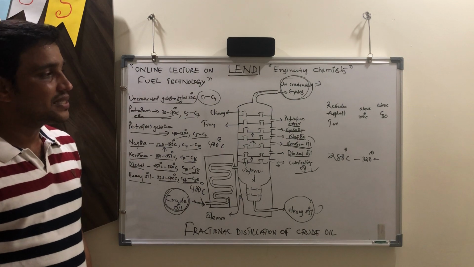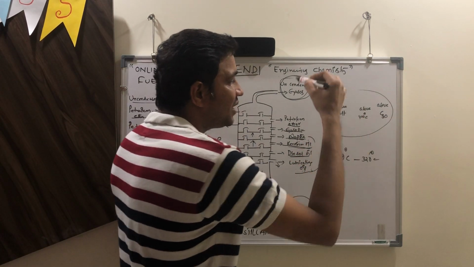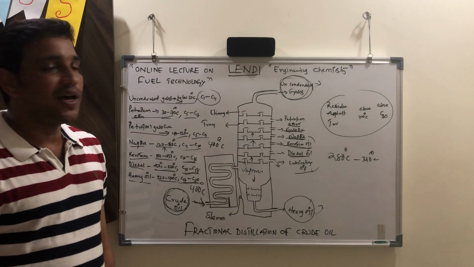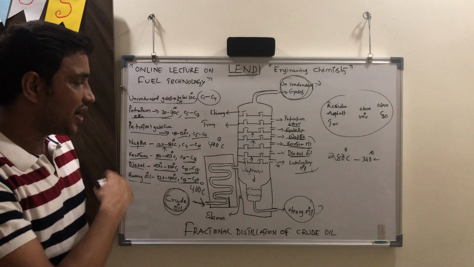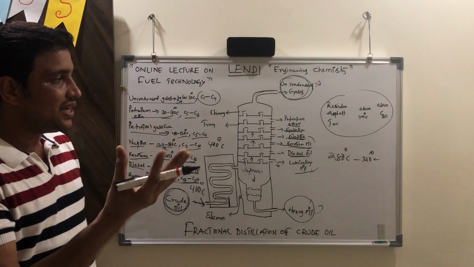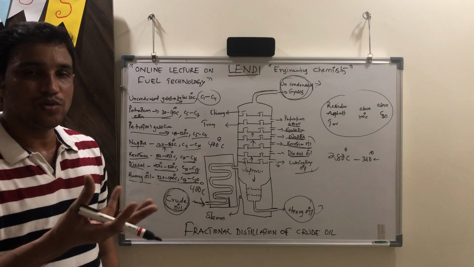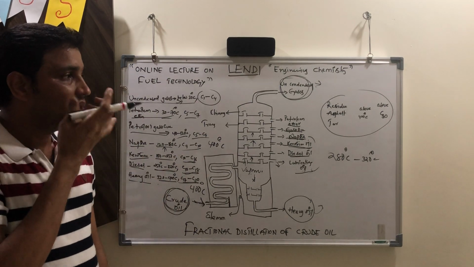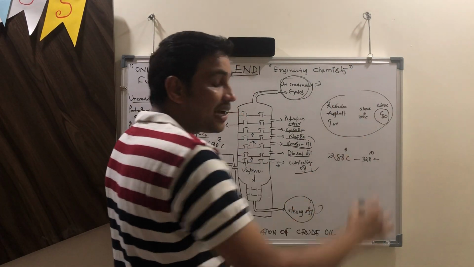Next, another one is residue, asphalt, tar. When the crude oil is subjected to 400 degrees Celsius temperature, we get a residue or tar, used in roads, where the number of carbons is C30 or more.